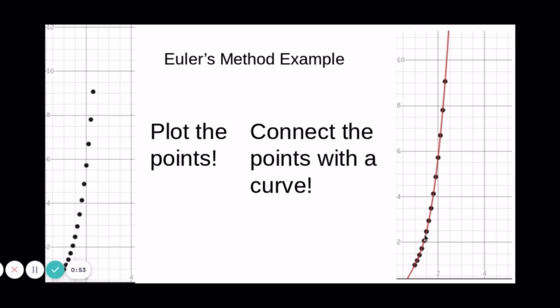But because we had the initial condition 1, 1, we were able to find a specific curve. Like I said, this is not the actual curve. This is just an approximation because instead of traveling along the curve to find our new points, we traveled along a series of tangent lines to the curve that we were trying to find.